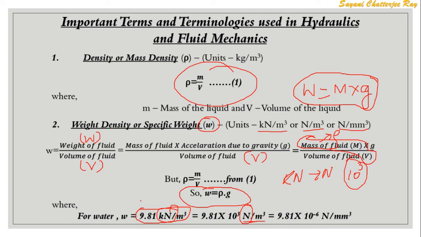To convert specific weight from kilonewton per meter cube to newton per millimeter cube, simply multiply it by 10 to the power minus 6, because you are converting meter cube into millimeter cube. Why minus 6? Because meter cube is in the denominator portion. You can see newton per millimeter cube. That means meter cube is in the denominator portion. So whatever is in the denominator, when it goes to the numerator, it becomes minus as per the law of indices.